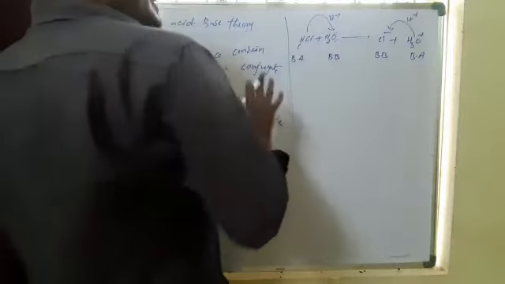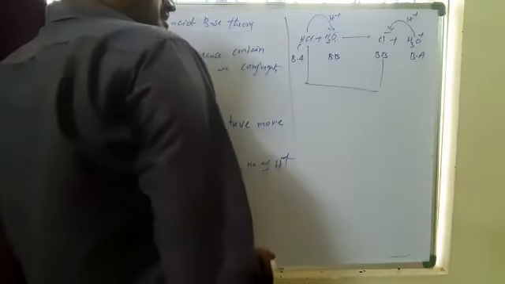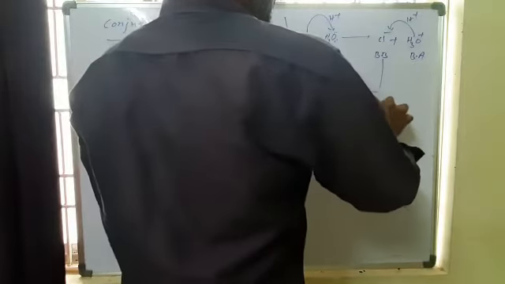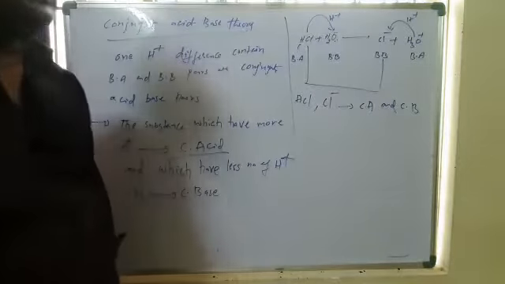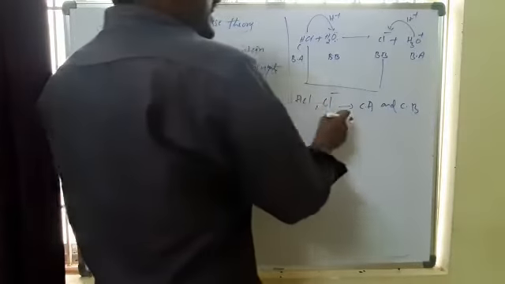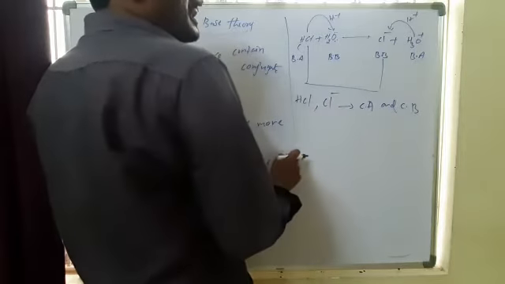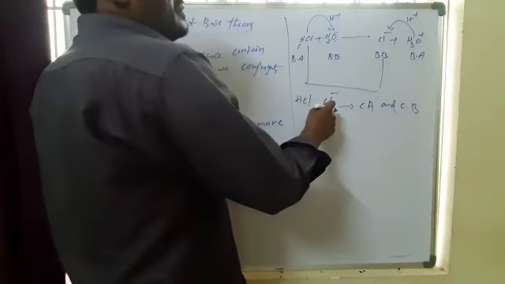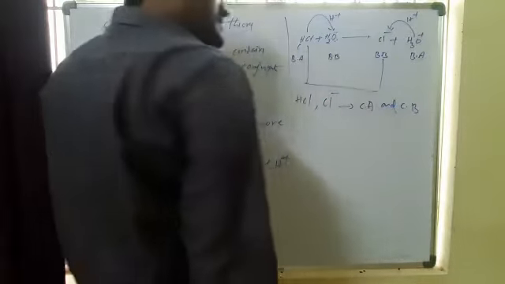So the conjugate acid-base pairs are HCl and Cl minus, because there is one proton difference between these two species. The one with one proton in excess is the conjugate acid, and the one with one proton less is the conjugate base.